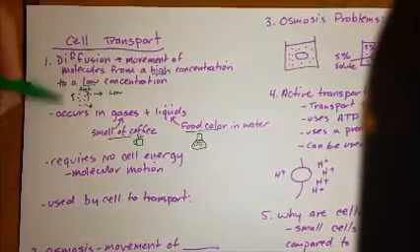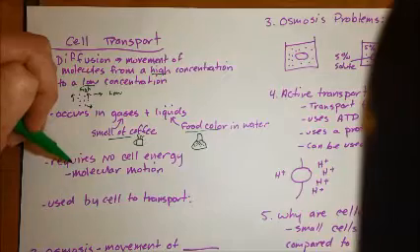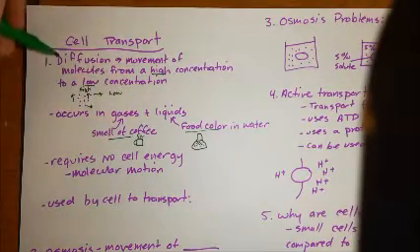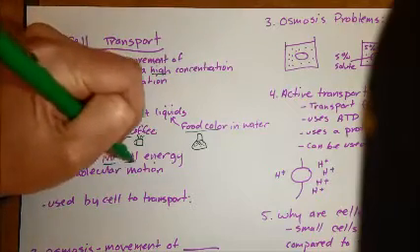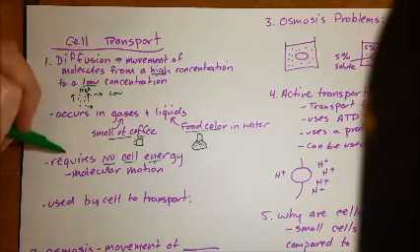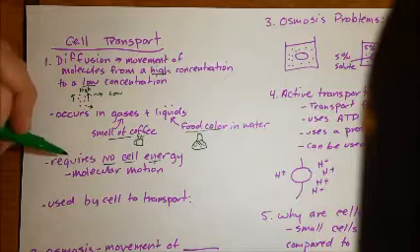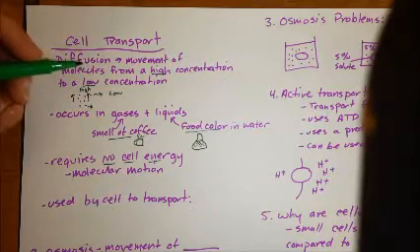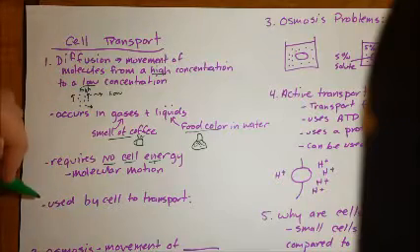For cells, diffusion is a process they use to transport materials in and out of the cell, and it's a great choice because it doesn't require any energy of the cell. The process just happens. So if you have a lot of oxygen in your bloodstream, it's going to naturally diffuse into your cells where the oxygen level is lower.